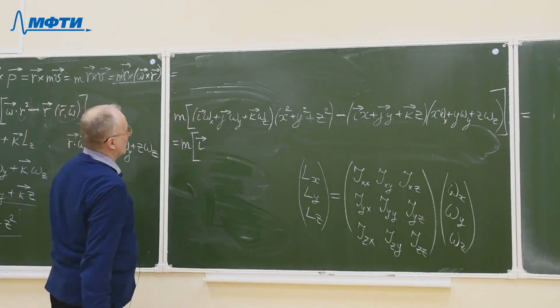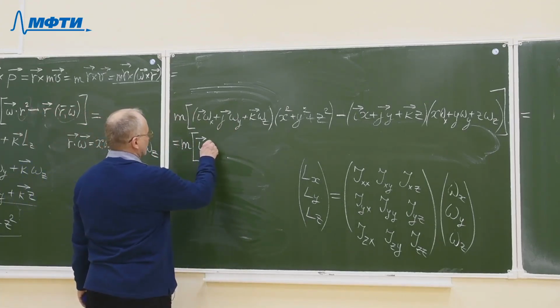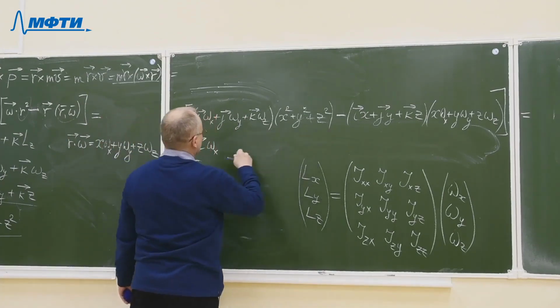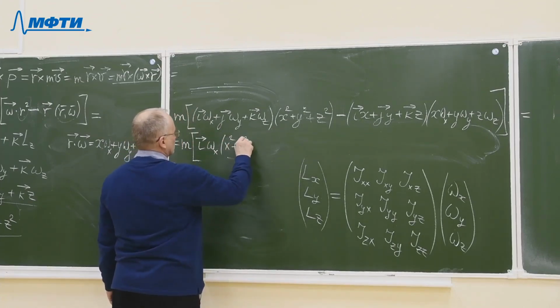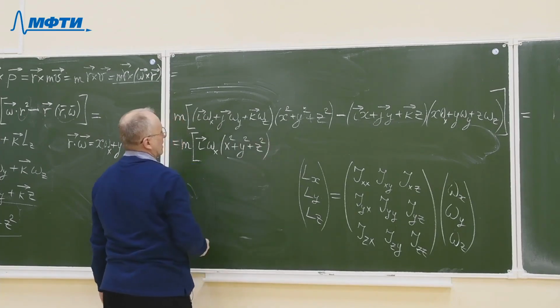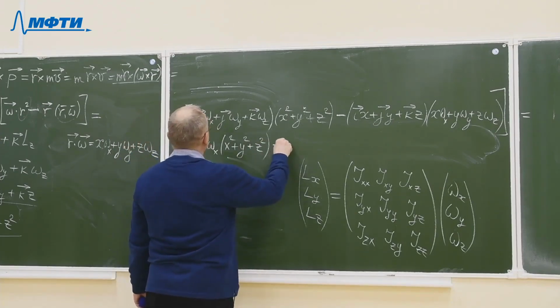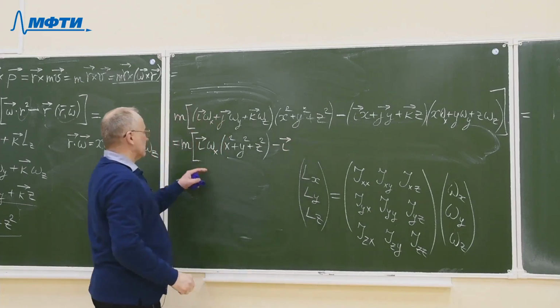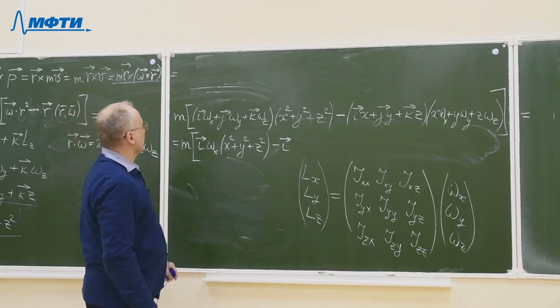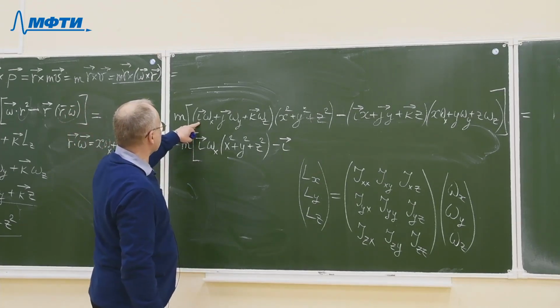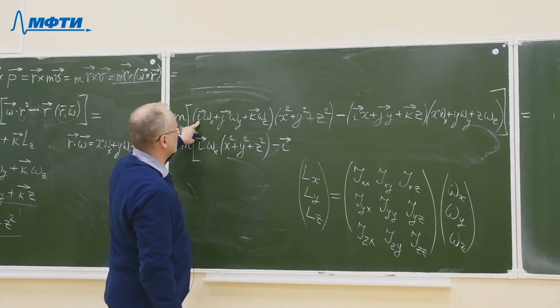Okay, I will write it in greater detail. So i omega x will be multiplied by this round bracket, x squared plus y squared plus z squared, and minus, now I'm interested only in coefficients at vector i.